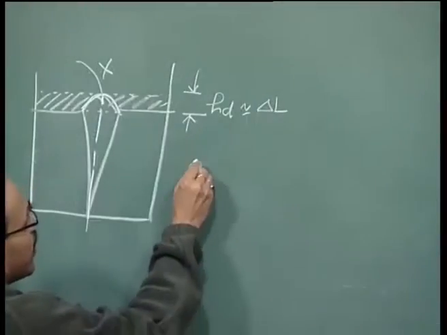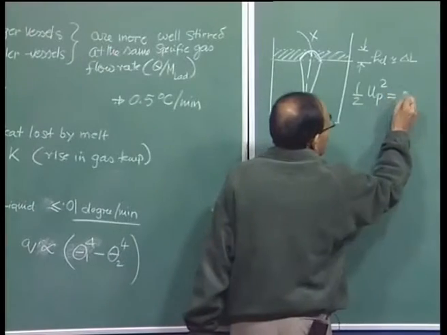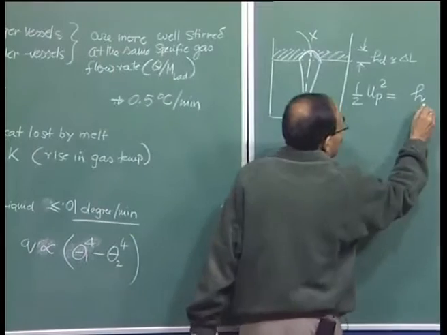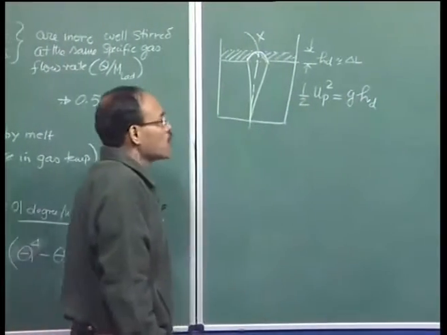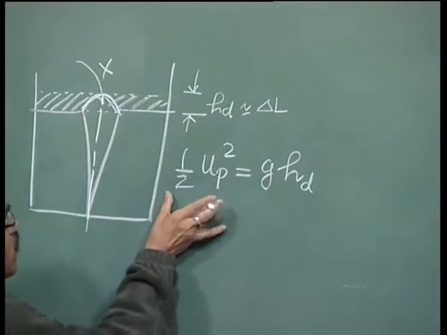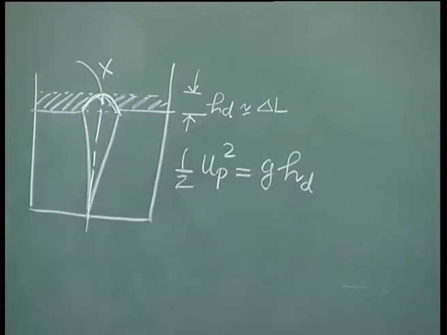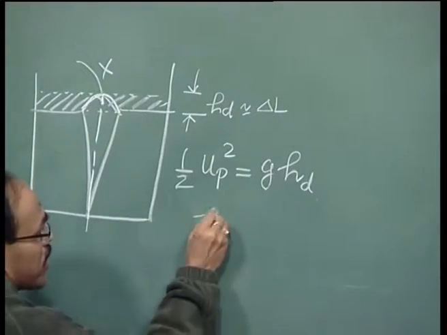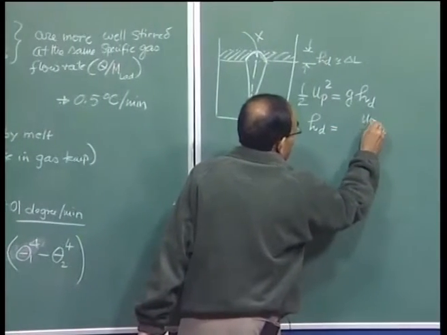So, we can say that half Up square is equal to, this is an expression, energy balance: kinetic energy afforded by the plume is exactly equal to the potential energy because of lifting of the surface by H sub d, and therefore we can say that H sub d is equal to Up square.